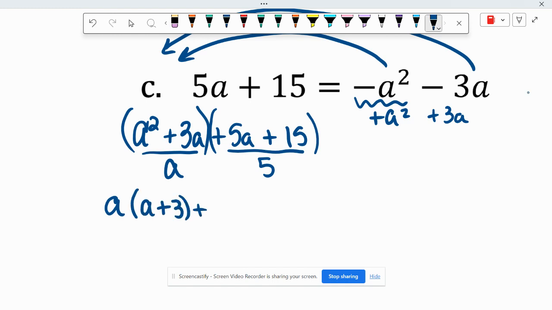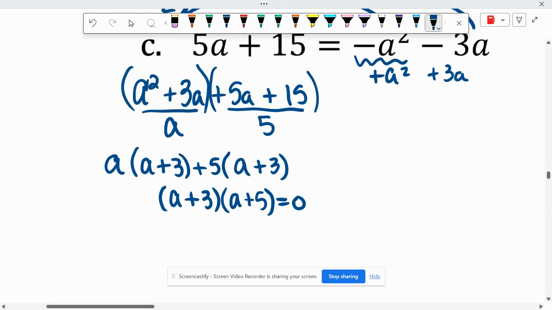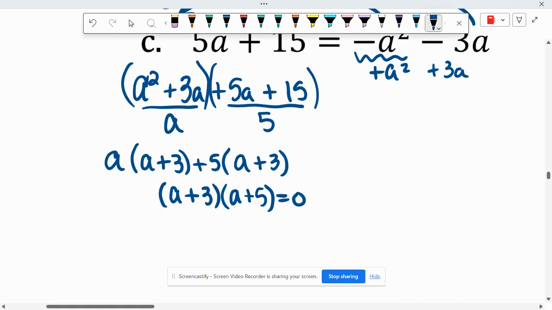When I take out that +5 from the second term, I'm also left with a plus 3. 5a divided by 5 is a. 15 divided by 5 is 3. So my repeated term, a plus 3, times what I have left over, a plus 5, equals 0. So now what?